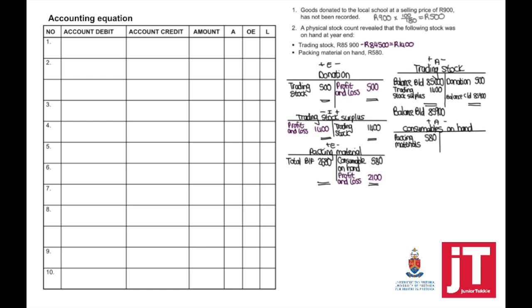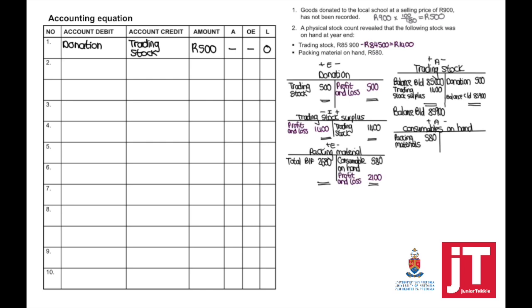So starting with the first two adjustments, adjustment number 1, it's goods that was donated to the local school, which means that donations were debited, account credited, trading stock with 500. Effect on the accounting equation, assets minus, donations, because it is an expense which increases, it will have a negative effect on the owner's equity.